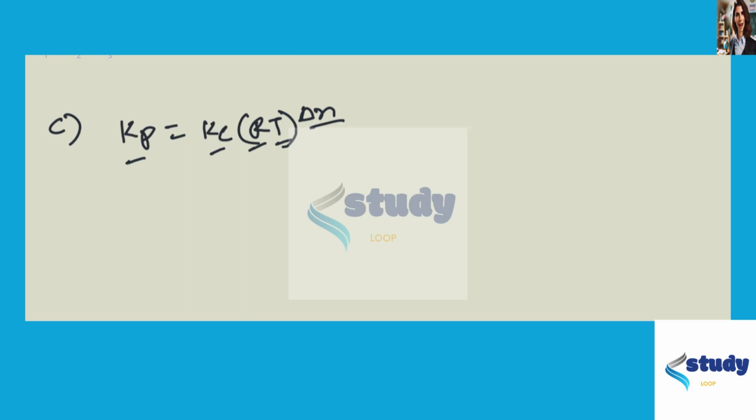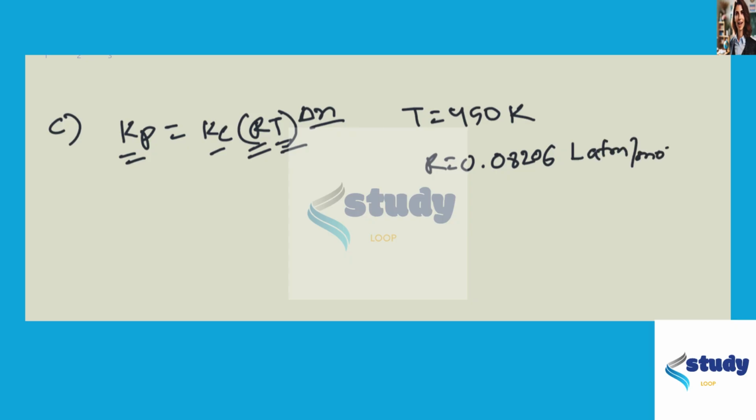Here we know the value of Kp, which we have just calculated. We know the value of R, which is a constant, and we know the value of T, which is given as 450 K. R is 0.08206 liter atm per mole Kelvin.